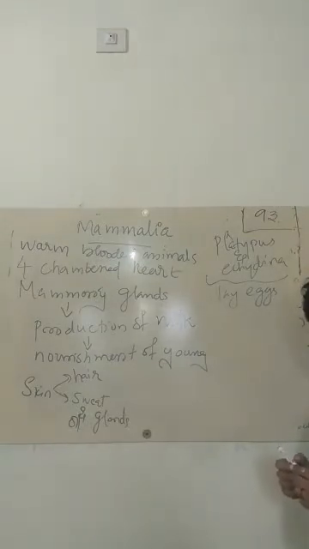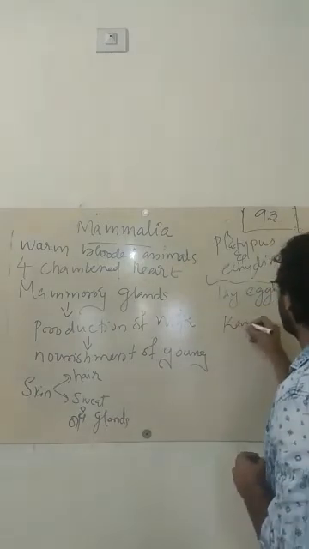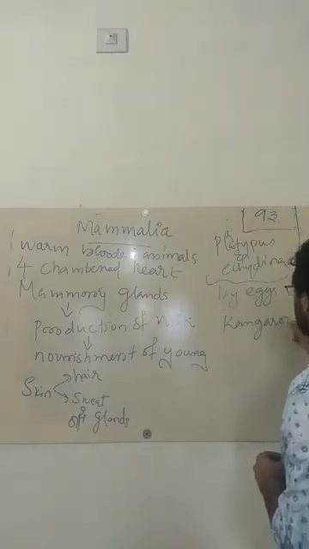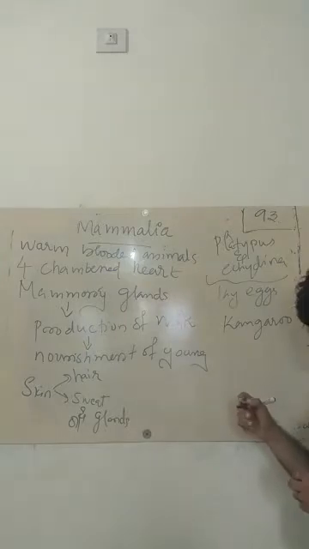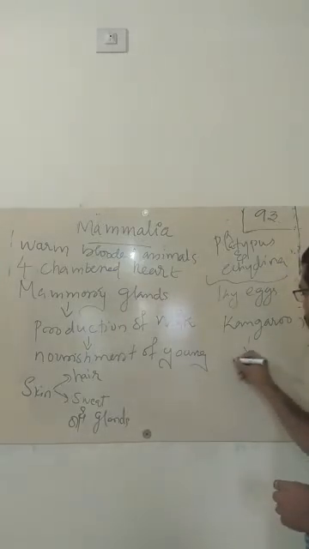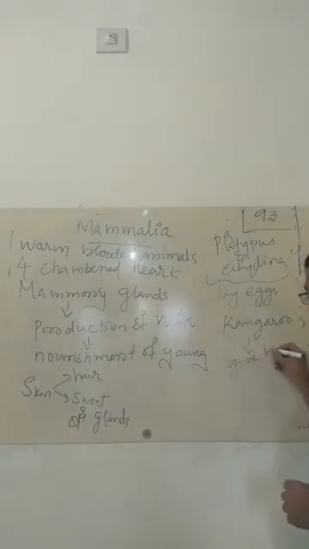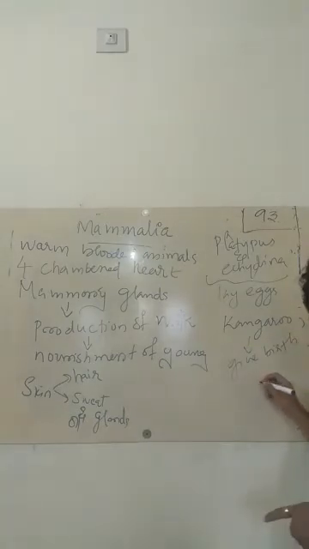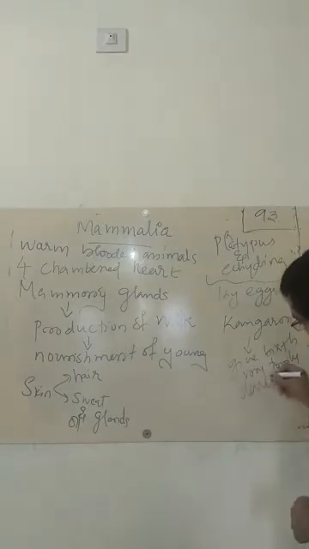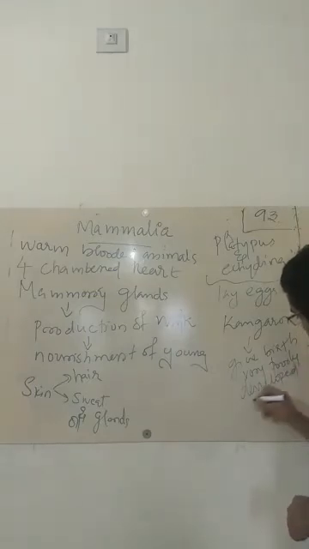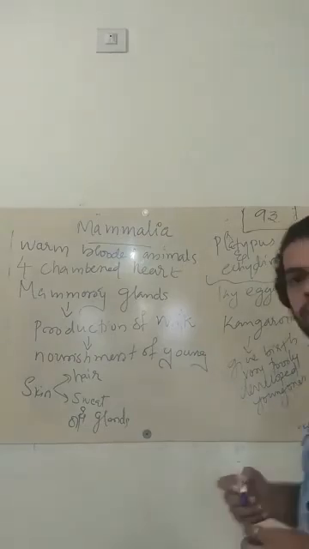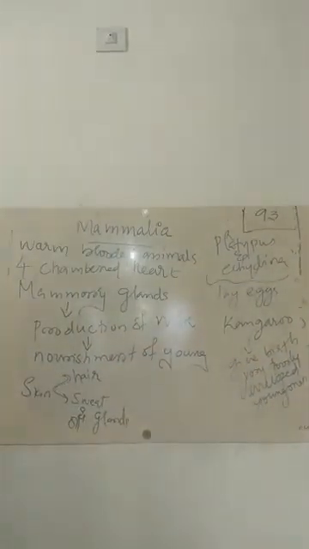Okay, some like the kangaroo and humans will give birth to very poorly developed young ones.